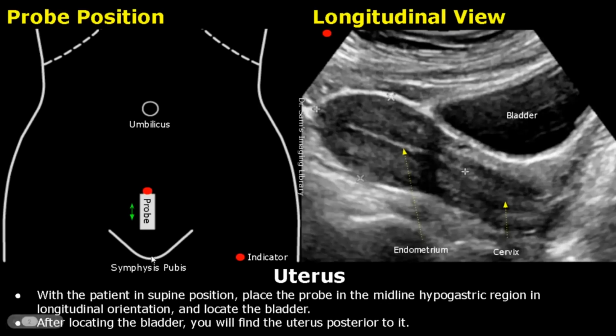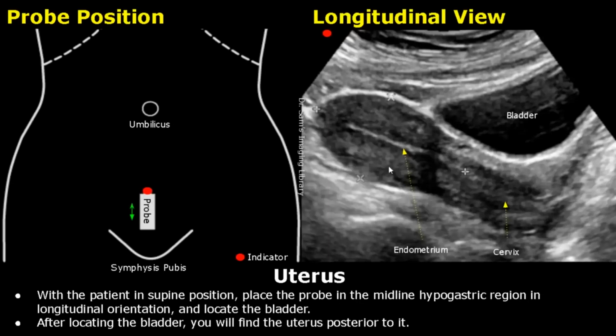For scanning the uterus, we place the probe between the umbilicus and the symphysis pubis joint. This is the hypogastric region. It is also called suprapubic region. Place the probe in the midline in longitudinal orientation.